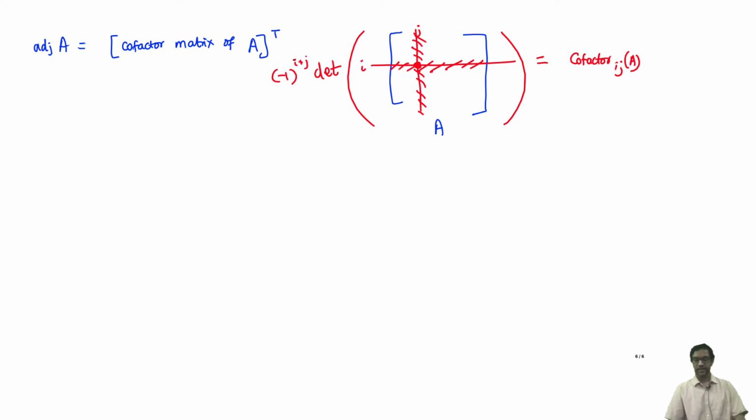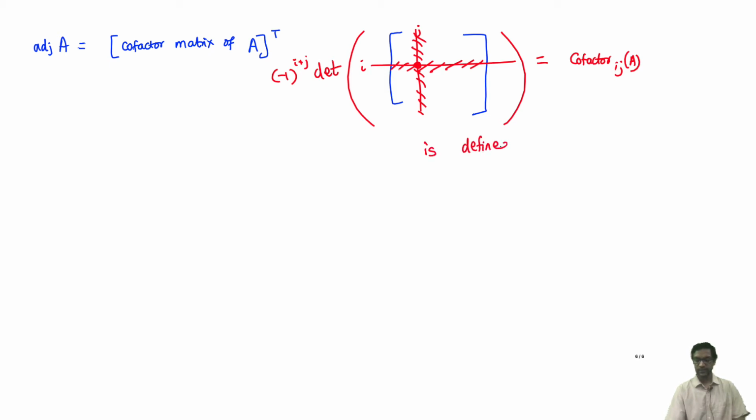So this entire definition makes perfect sense, even if A has elements from a ring R. All I am doing finally is computing the determinant of some n minus 1 cross n minus 1 matrix, and I can compute determinants of matrices over any ring, of any size. So this is well defined.